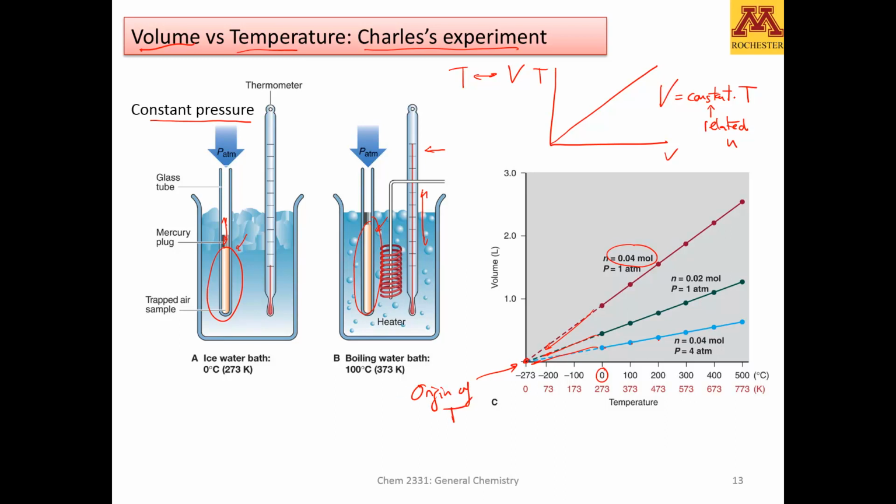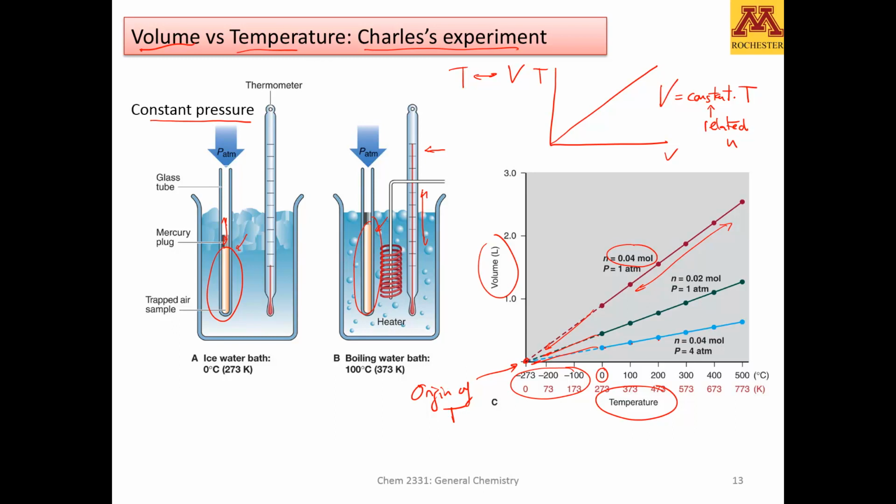So while Charles's experiment allows us to know the relationship between volume and temperature, it's also pointing to the origin of temperature, even though in the experiment you would never reach these kinds of temperatures. But if you assume that there is a linear behavior between volume and temperature, this line will go all the way to 0 volume, and that's as low as temperature can get.